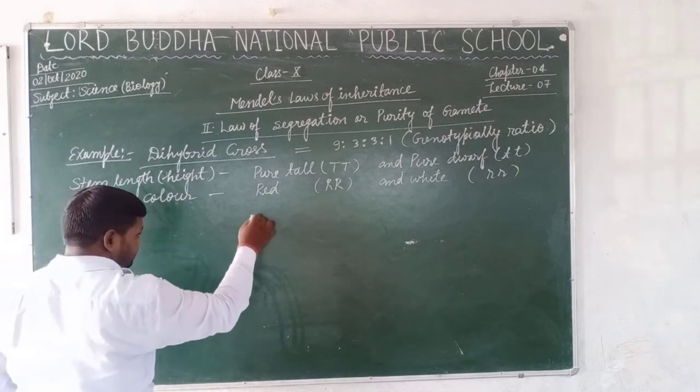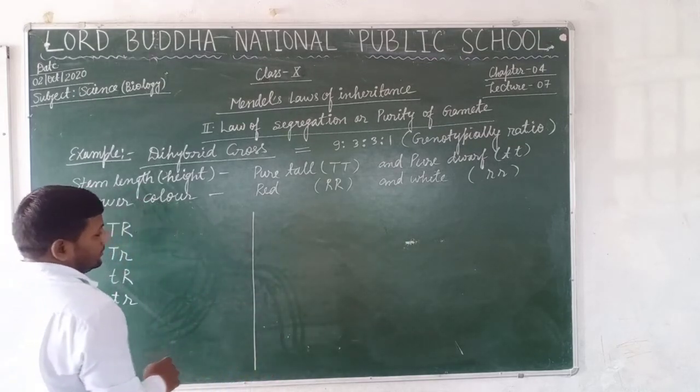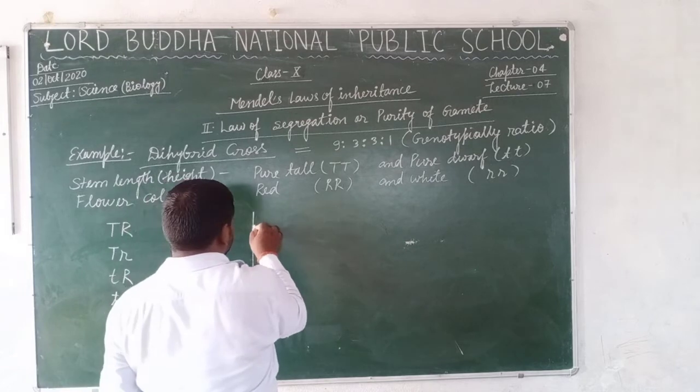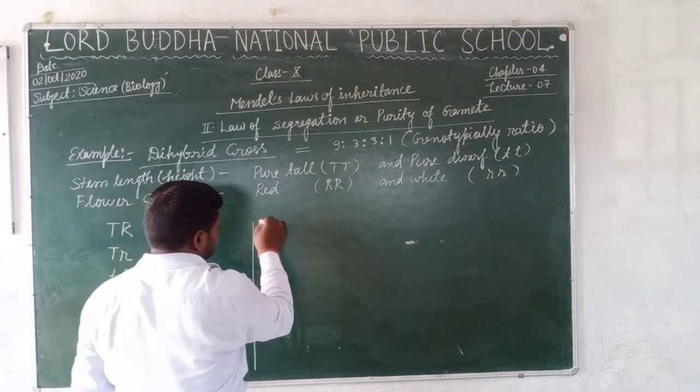Now students, the dihybrid cross is understood with the help of the Punnett square.